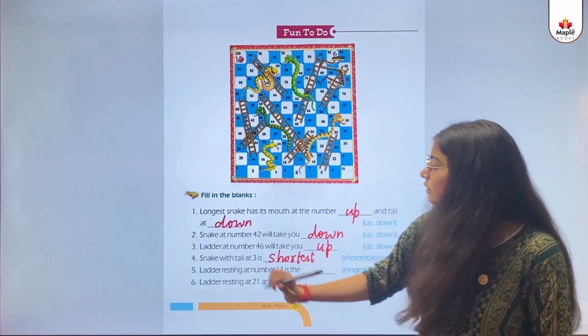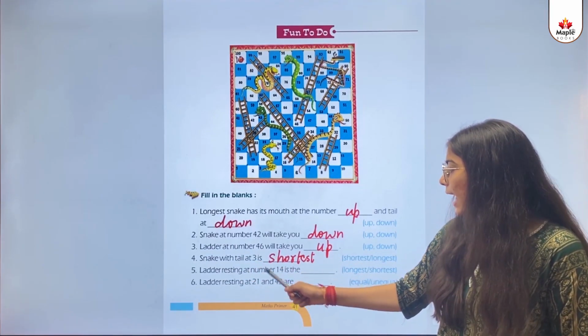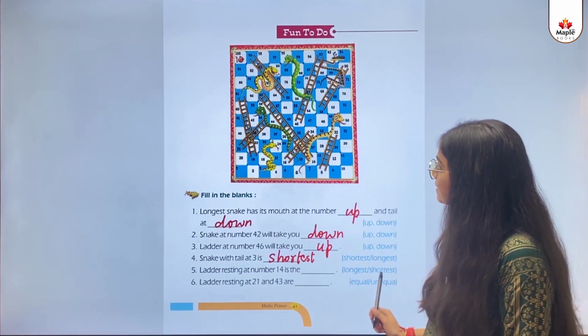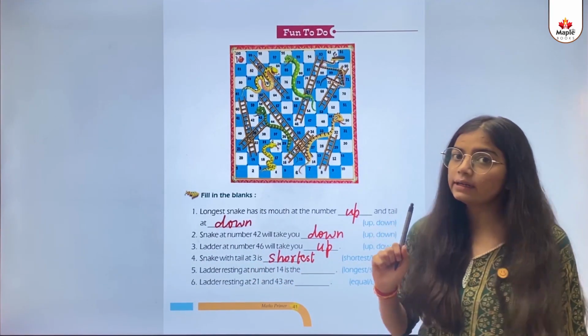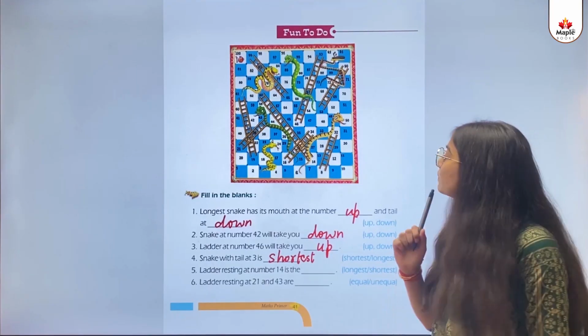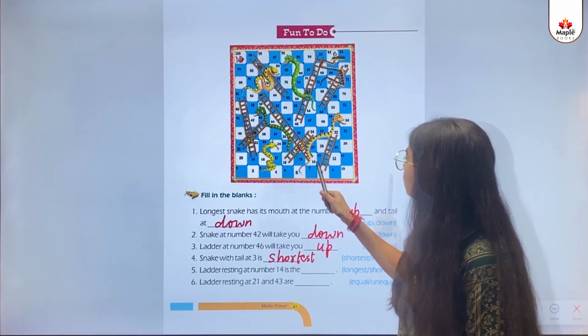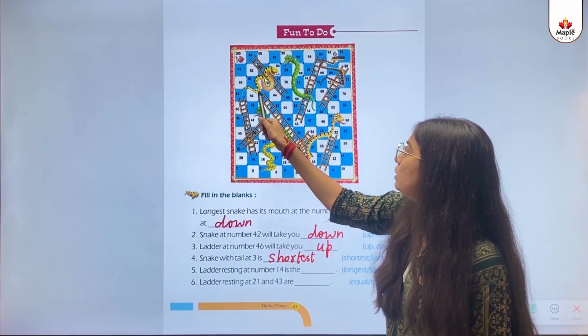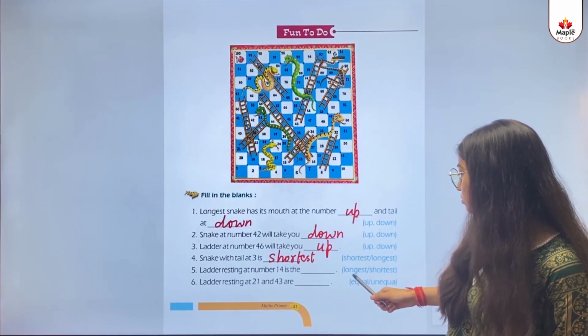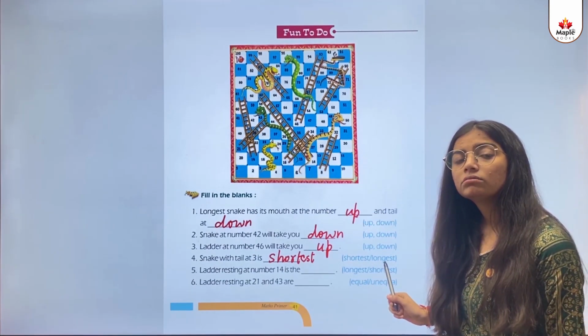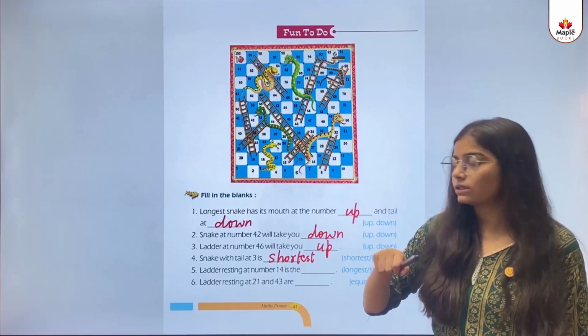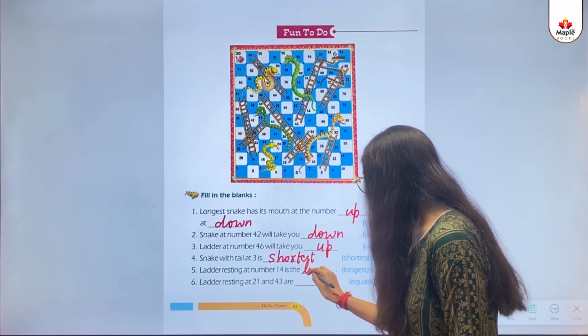Then fifth, ladder resting at number 14 is the dash. So we will look at the ladder that is on number 14. There it is. Is it the longest one or the shortest one? This is the longest one. So what do we write here? Longest.